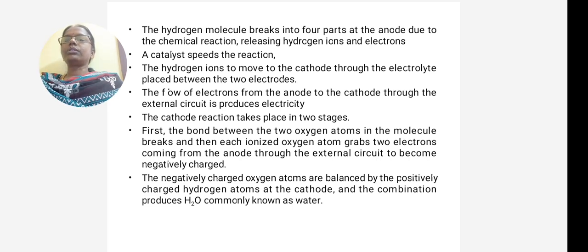The negatively charged oxygen atoms combine with the positively charged hydrogen ions that come from the anode side. This combination produces H2O, which is commonly known as water.